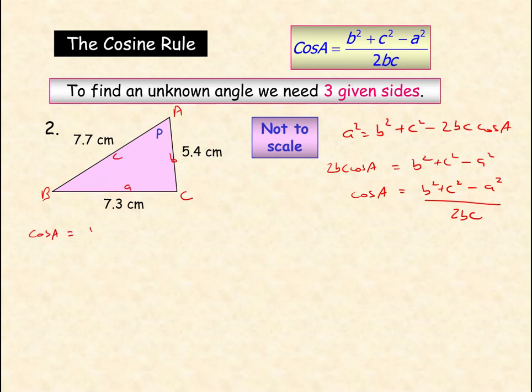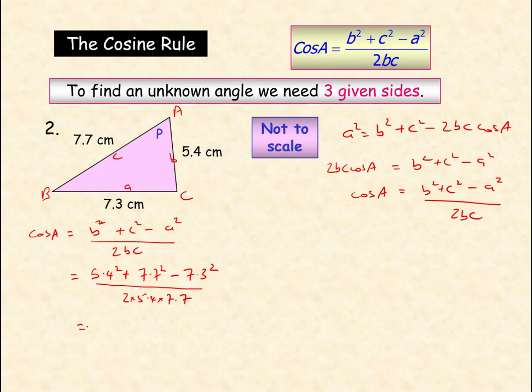Cos A is equal to b squared plus c squared minus a squared all over 2bc. And then we can plug in our numbers. So we've got 5.4 squared plus 7.7 squared minus 7.3 squared divided by 2 times 5.4 times 7.7.